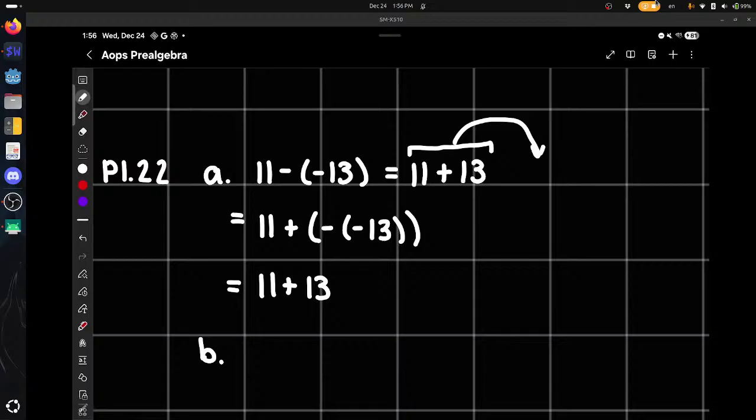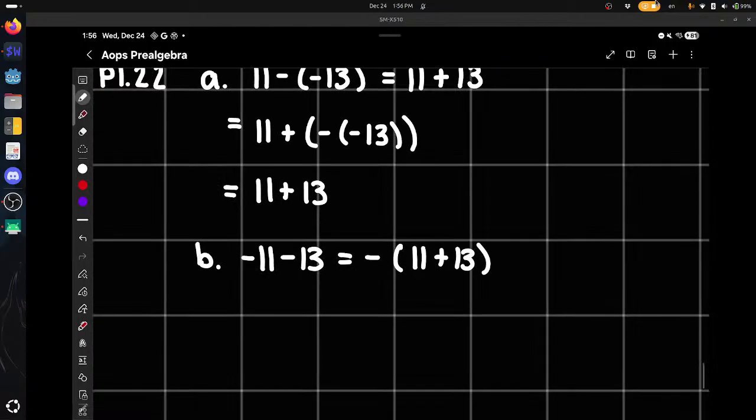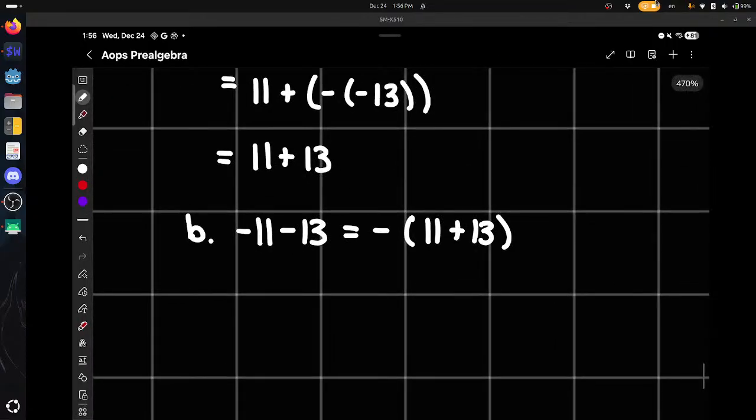So B. Let's go on the left hand expression. So we have negation of 11 minus 13, so we can rewrite this as negation of 11 plus the negation of 13.